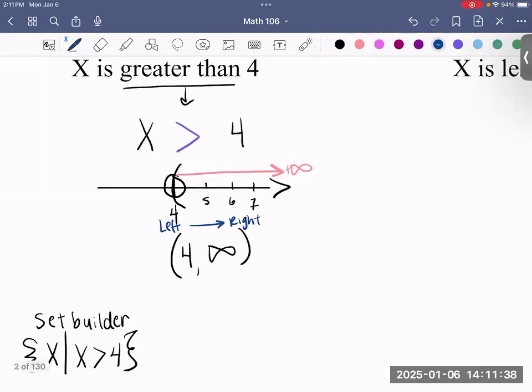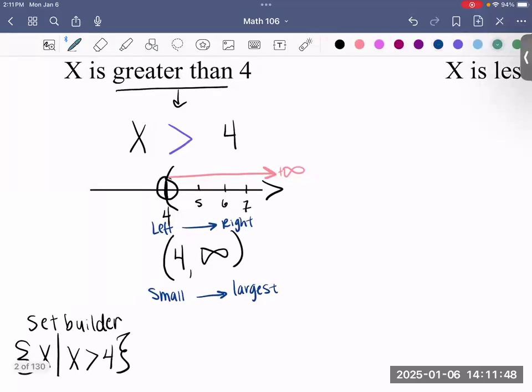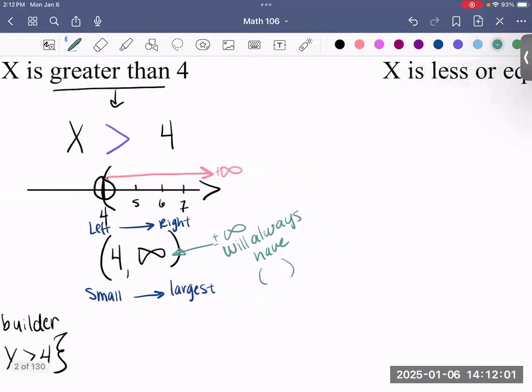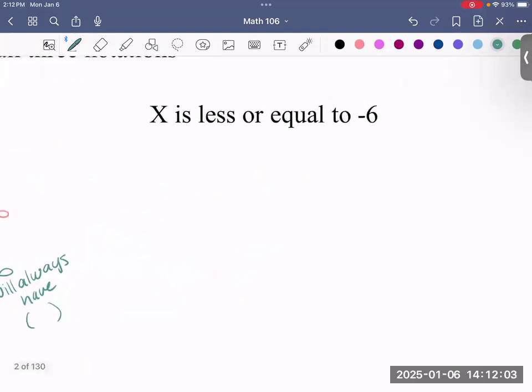Therefore, when we write it, it's always your smallest number first to your largest number. What's nice is that your infinity sign will always have parentheses, whether that's positive or negative.